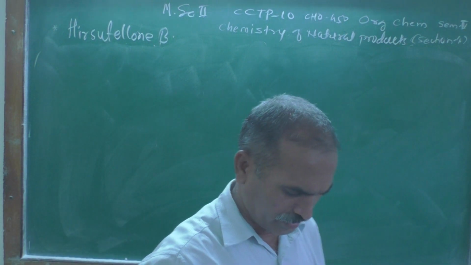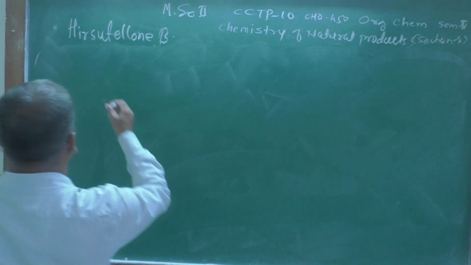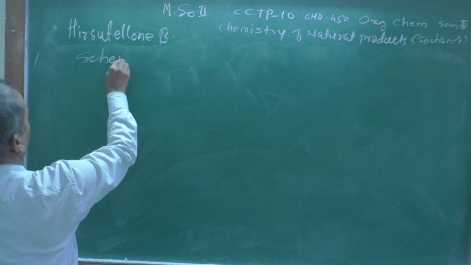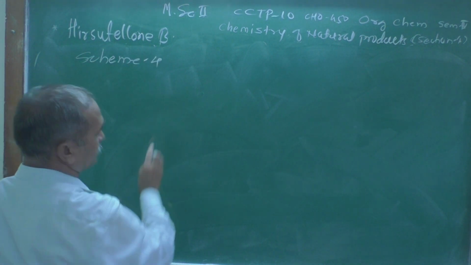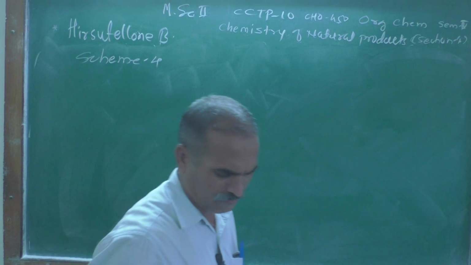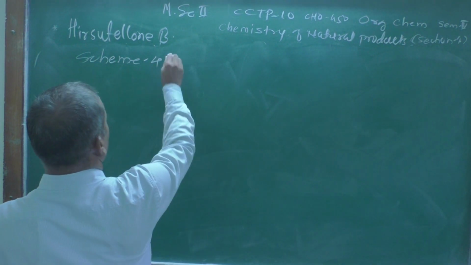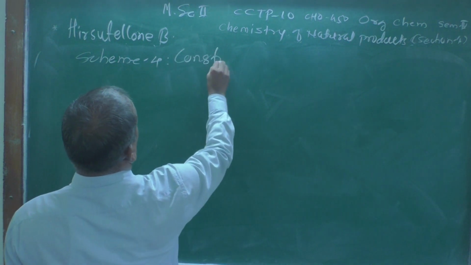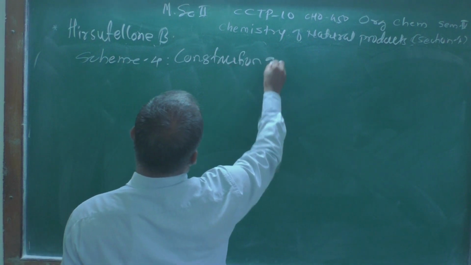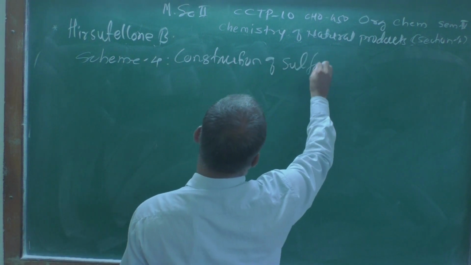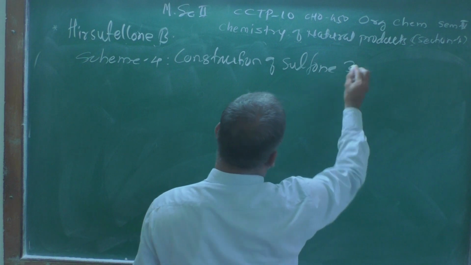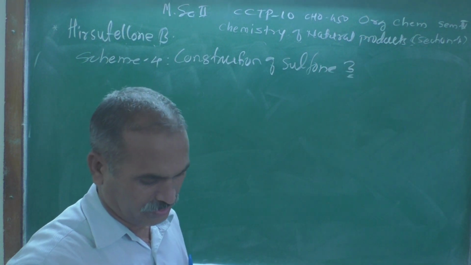Now let's see scheme number 4, that is the construction of sulfone 3, structure number 3 which we already discussed.